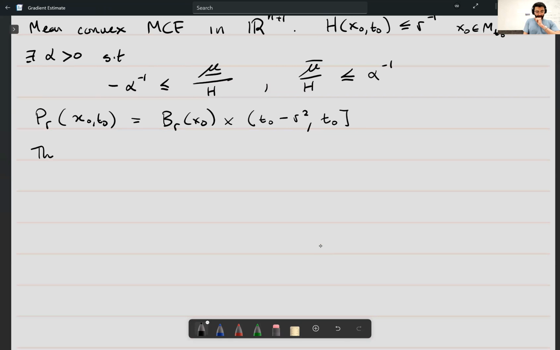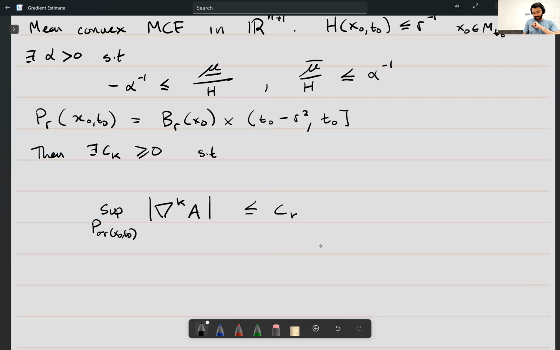So then there exists some constant Ck greater than or equal to 0, such that the kth derivative of A, supremum in P sigma R x0 t0, is less than or equal to Ck R to the minus k minus 1.